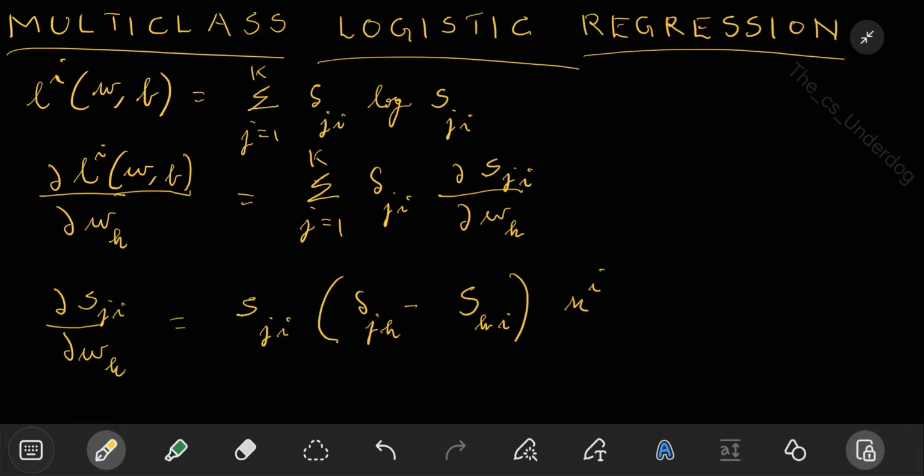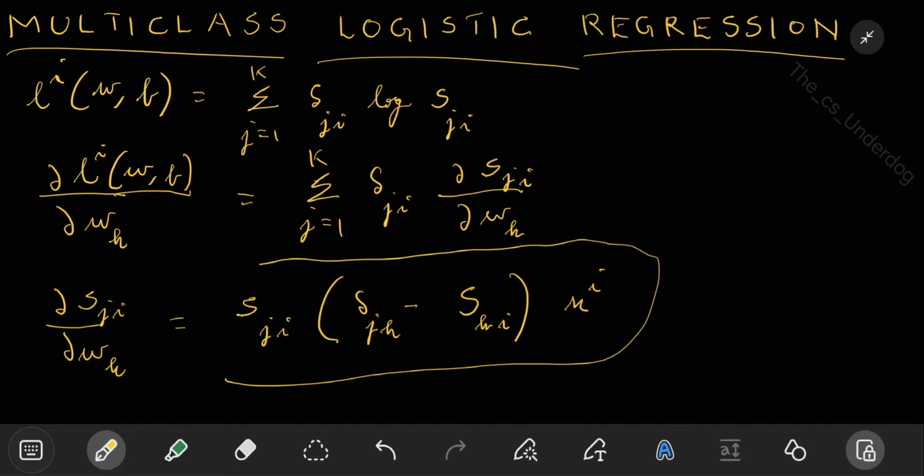So now I'm just taking the derivative of this part. If you remember in the softmax lecture itself, we had explained the derivative of softmax. So here I'm directly using that derivative of softmax. For the exact derivation, you can refer to the softmax lecture.